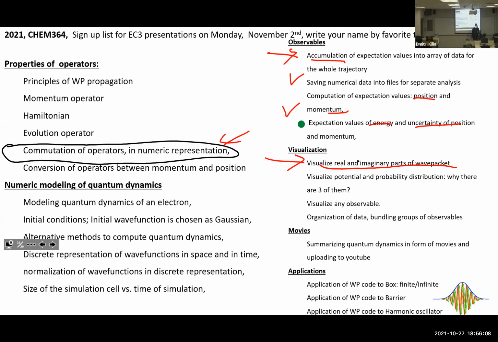And the one who selected applications as the last subject, I don't remember, Nate. Okay, so a week ago I was sending several versions of the code. This one is called WP, wave packet free, for free space, and there were versions of VPHO for harmonic oscillator and VP box, something like that.